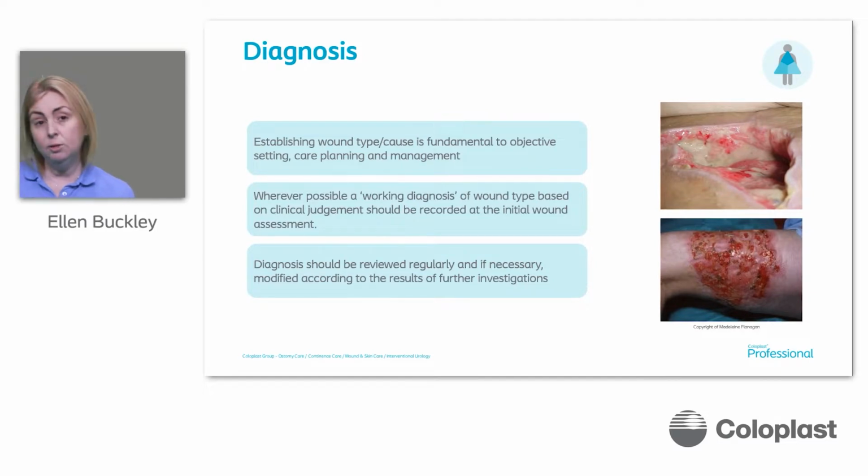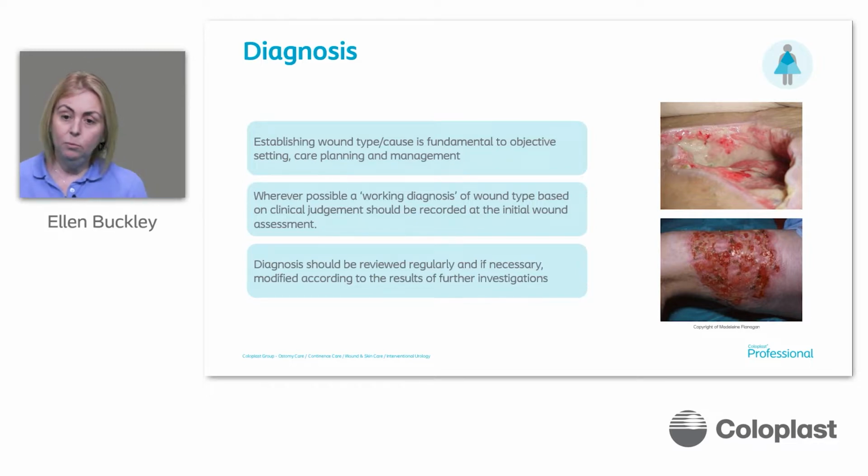We need to make a diagnosis, and that's ultimately why we do our wound assessment, because we need to understand the extent of what we're dealing with and what objectives we need to identify to help progress that wound towards healing. And that's our fundamental objective.